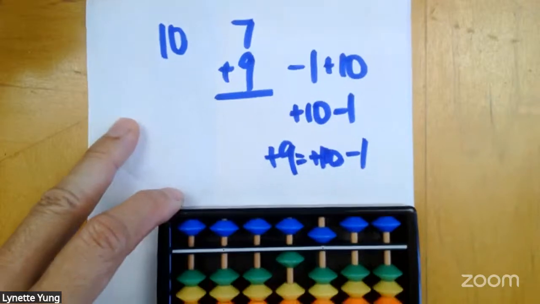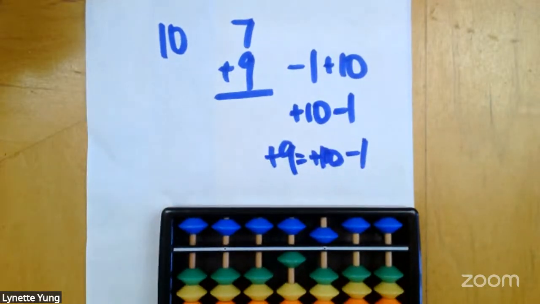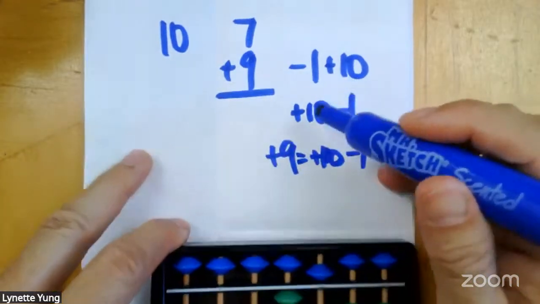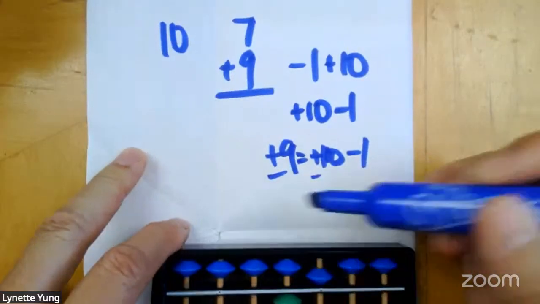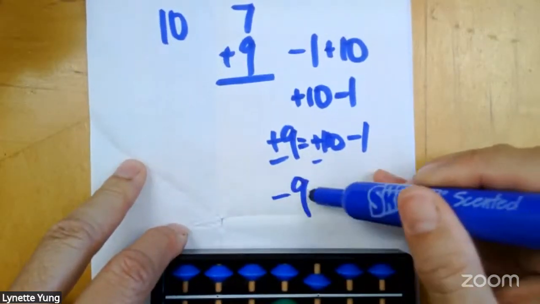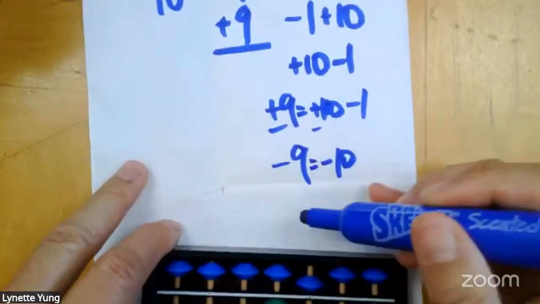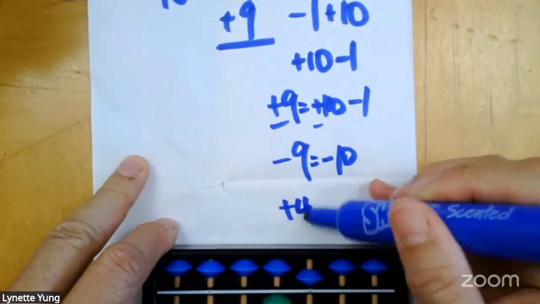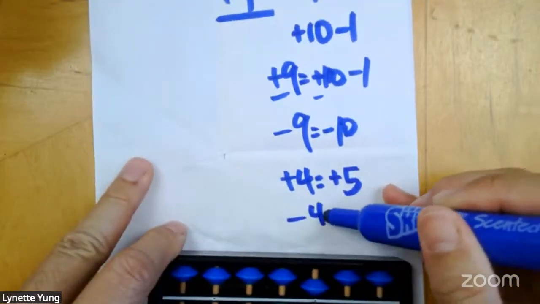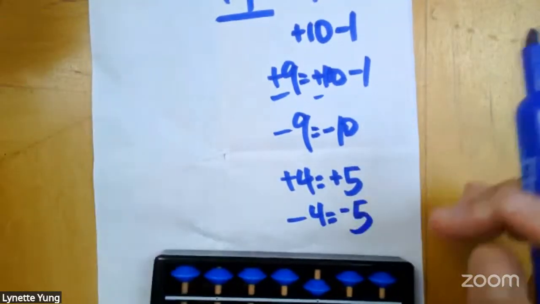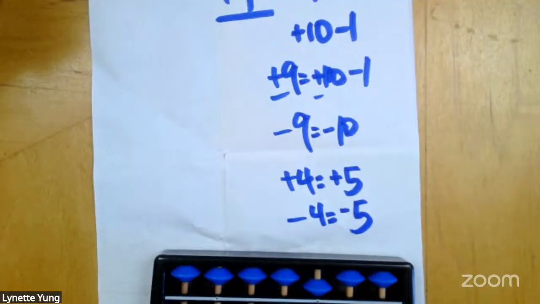When you're practicing, getting used to it, and understanding the actual formula, I feel this sounds a little better, because we can say plus 9 is equal to plus the 10, and the same thing if we minus the 9 is equal to minus the 10. It's the same if we want to plus the 4, which is minus the 5, or minus the 4, which is plus the 5. I think it's just easier to roll off the tongue that way.